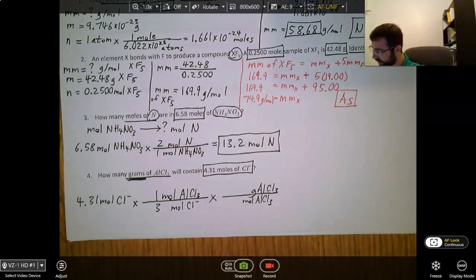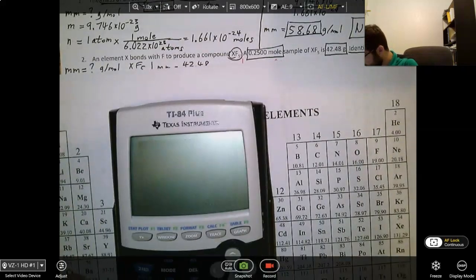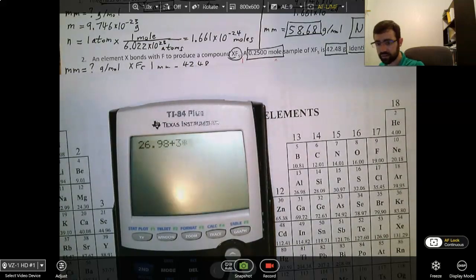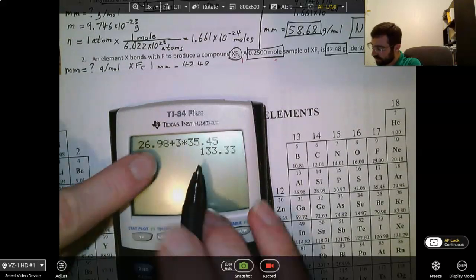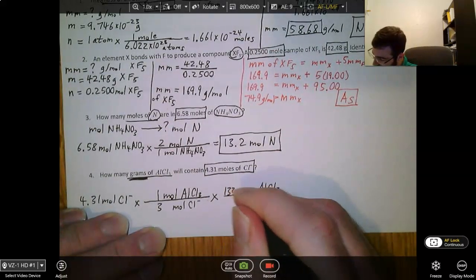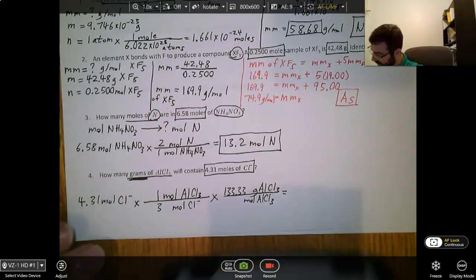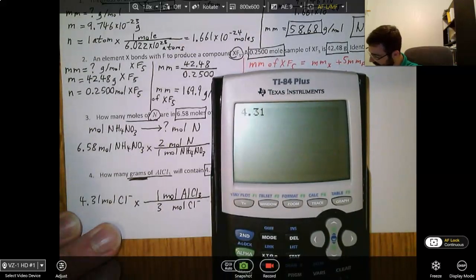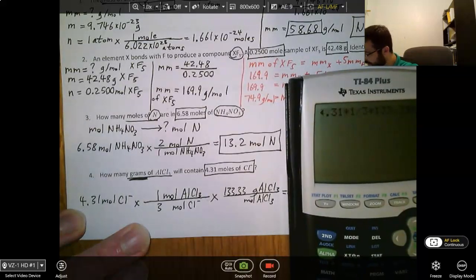If I were to find that out, AlCl3 is going to be 26.98 plus, and then it's Cl3, so we have 3 times the mass of chlorine, which is 35.45. I get a molar mass of 133.33. Now we plug it in the calculator. 4.31 times 1 over 3 times 133.33 divided by 1.